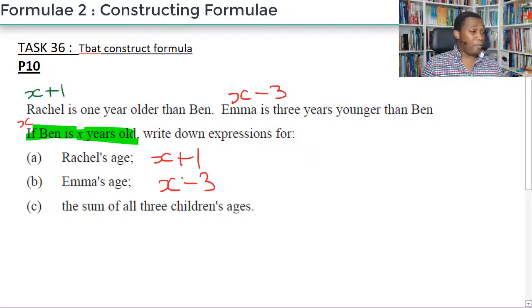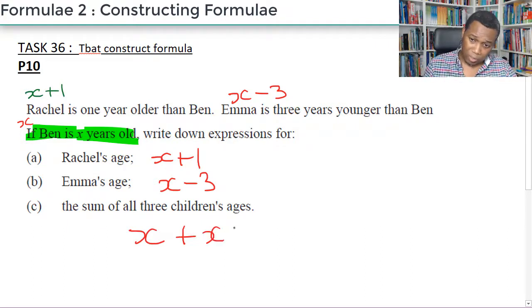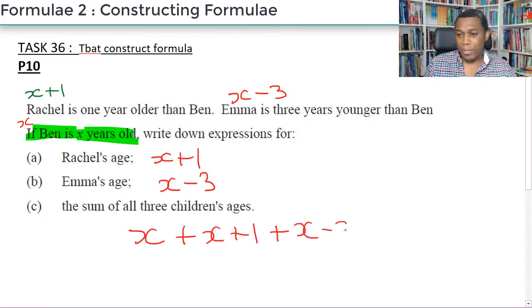The sum of all of their ages is going to be X, Ben's age, plus X plus 1, Rachel's age, plus X take away 3, which is Emma's age. Simplifying expressions, X plus X plus X gives me 3X. And then positive 1, take away 3.